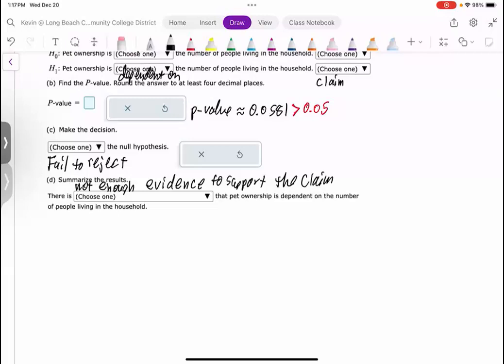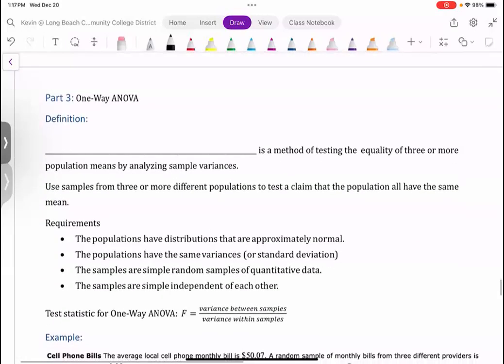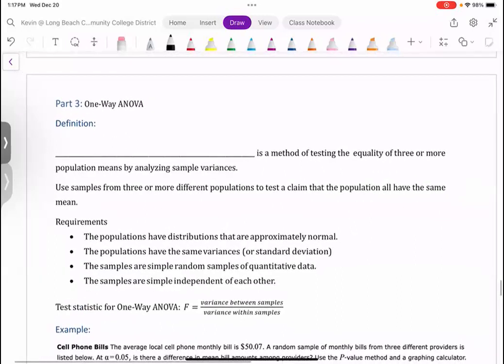All right, so we are now on to the very last section. And this is right at the beginning of really advanced statistics. It's not going to be too advanced for us, but we're going to be doing one-way ANOVA. And ANOVA stands for analysis of variance.